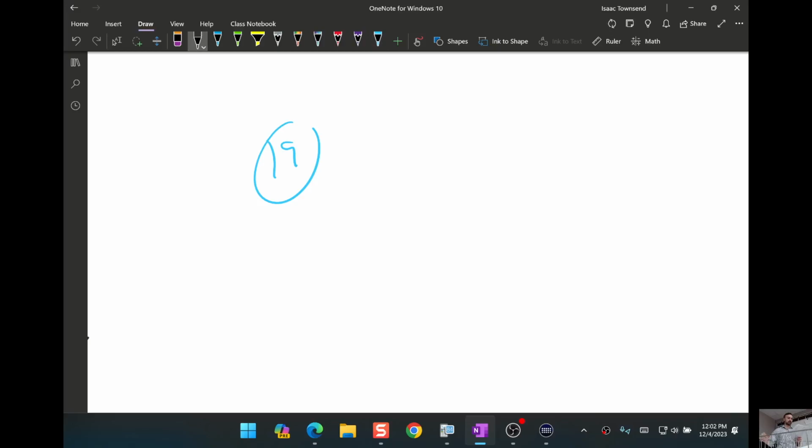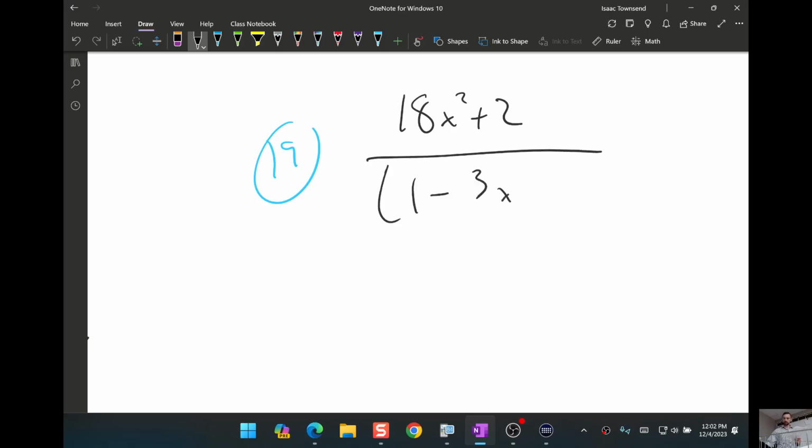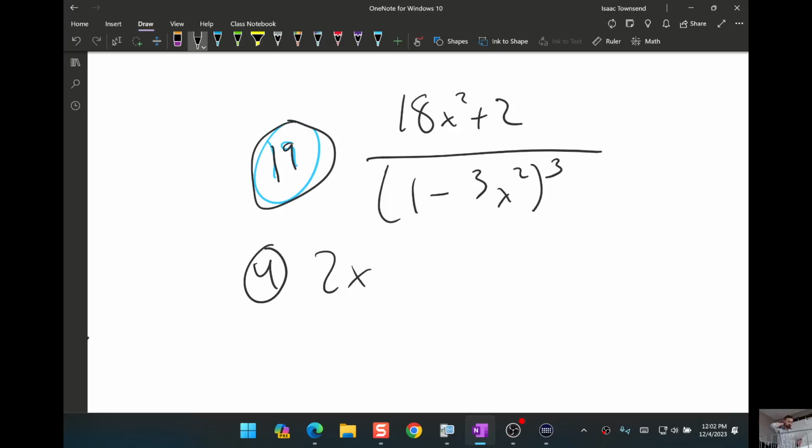The answer to 19 is supposed to be -3. And number 4 is supposed to be 2x, not negative 2x. But yeah, you might want to change those two on the answer sheet.